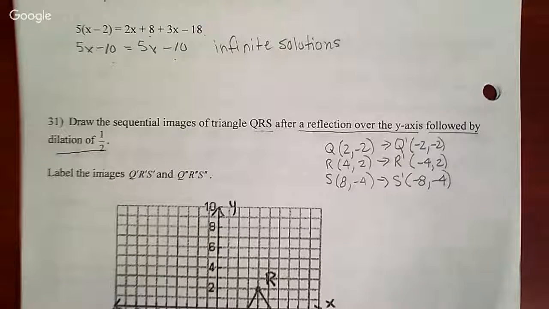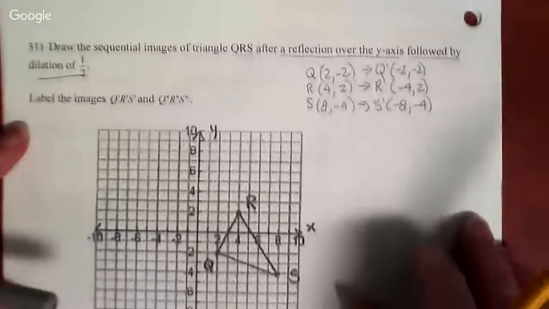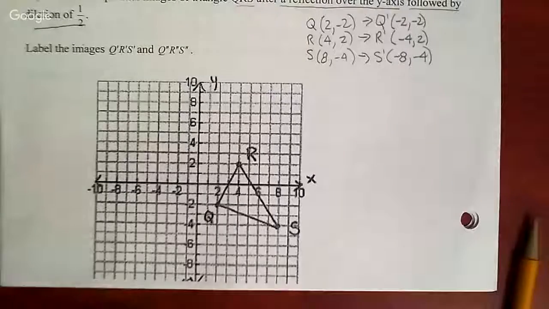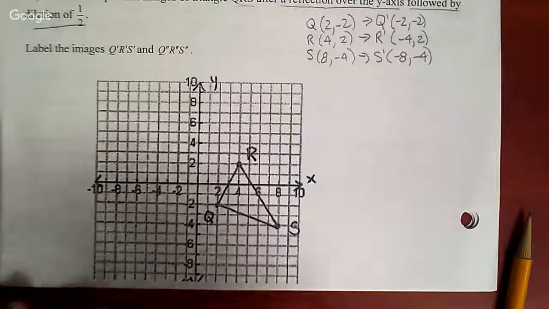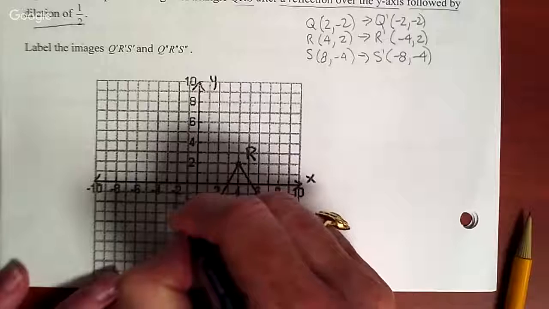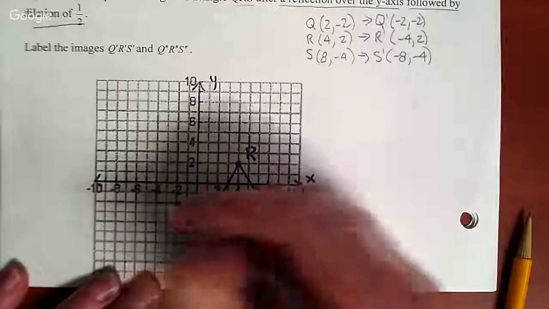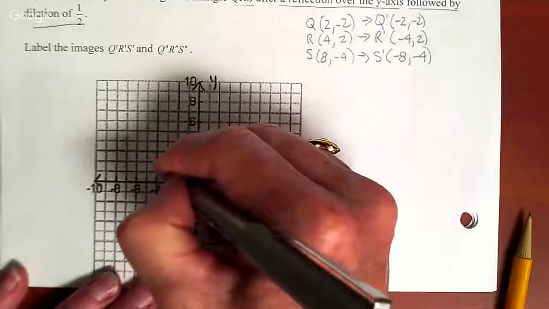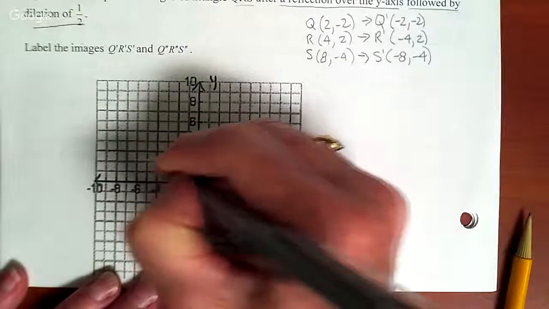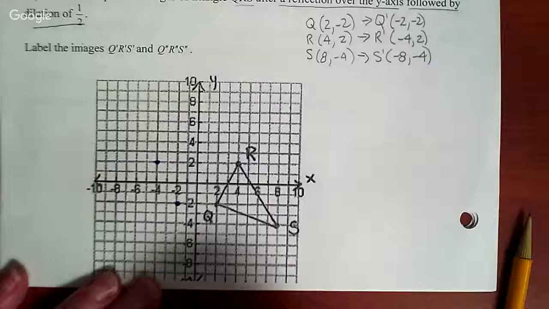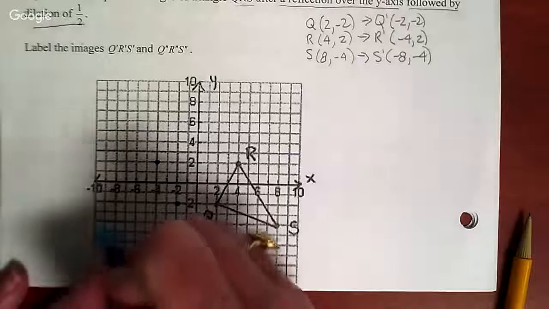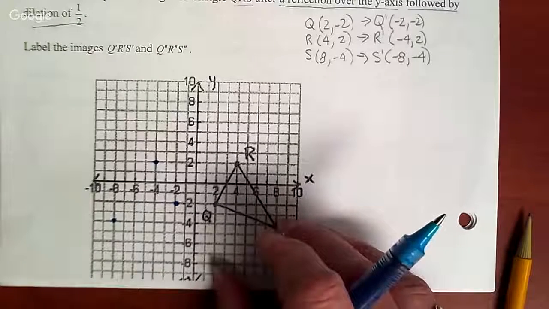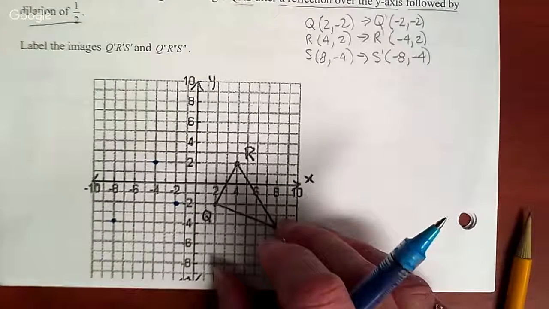On the test, if it were to ask you to do something like this, you would simply use your pencil. So we have -2, -2, which would be here. Then we have -4 and 2. And then -8 and -4, which would be here. So when we draw that, we would have this.